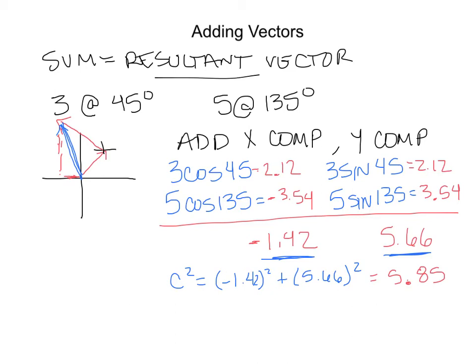And in this case, we're going to have to use the inverse tangent function to find this, because we're trying to find the angle, right? So the inverse tangent function is going to be the y part divided by the x part, and that should get us theta. Again, we're going to utilize our calculator to help us do this.